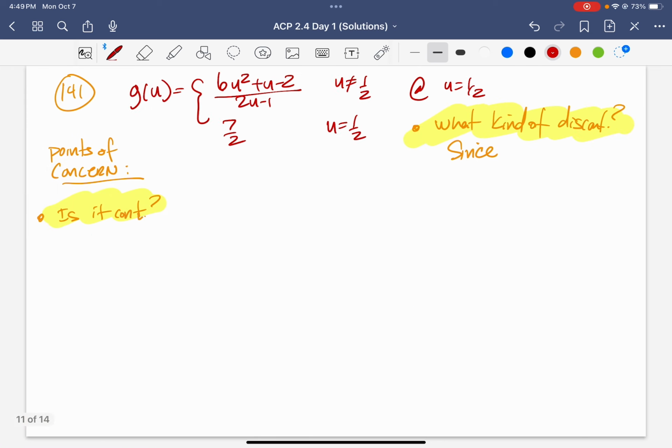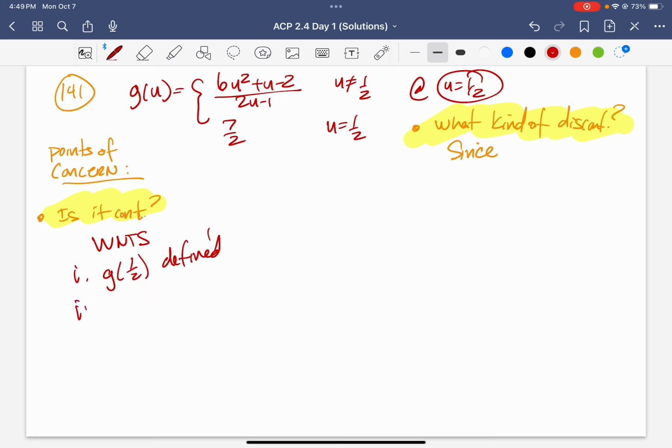All right, so 141, if we look at this thing, I think my only point of concern is here because it's something everywhere except a half. So really all I worry about is that they join up, right? So is it continuous? Well, we need to show a few things. Number one, at a half, I would need to show that g of a half is defined.